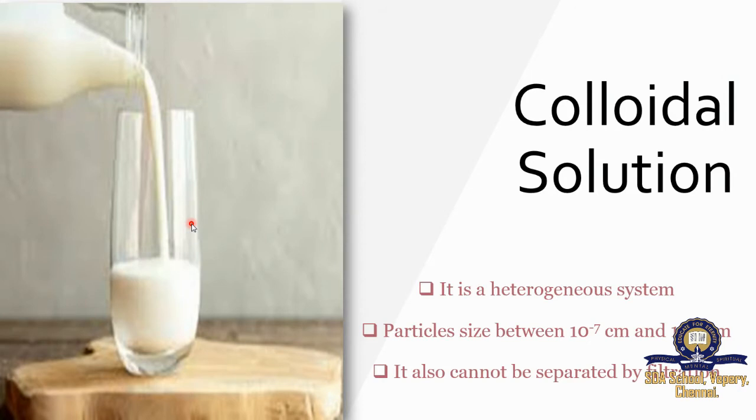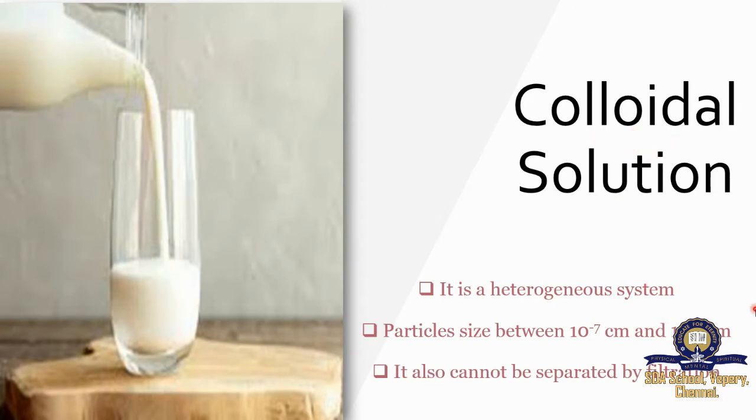Does anything stay in the filter? No, right? Thus it cannot be separated using filtration. The next property would be if we leave the milk undisturbed for a very long time, we do not see any insoluble solid settle at the bottom. Thus it is also stable. The solution which satisfies these properties is called a colloidal solution.